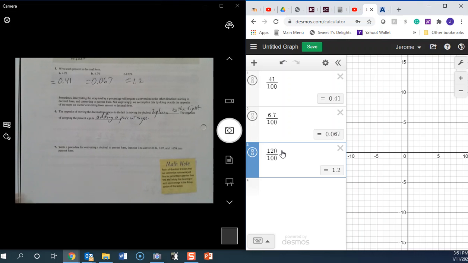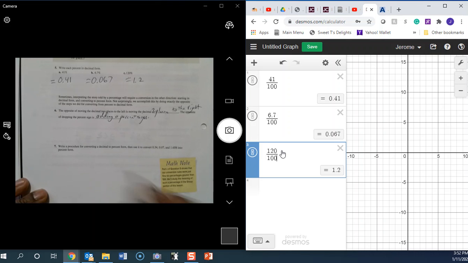Now it says here for number 7, write a procedure for converting a decimal to percent form. Then use it to convert 0.34, 0.07, and 1.658 into percent form.